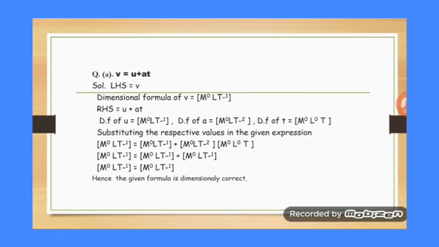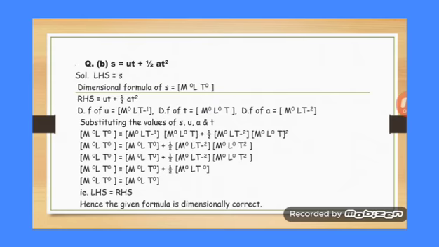Now the next numerical example. Here we have to check the correctness of s equal to ut plus half at square. Here LHS is equal to s. s is the distance, u initial velocity, t time, a acceleration. The dimensional formula of s, distance, means M⁰LT⁰, or you can write only L. u means velocity, therefore M⁰LT⁻¹. a, acceleration, therefore M⁰LT⁻². t means simply T, or M⁰L⁰T.